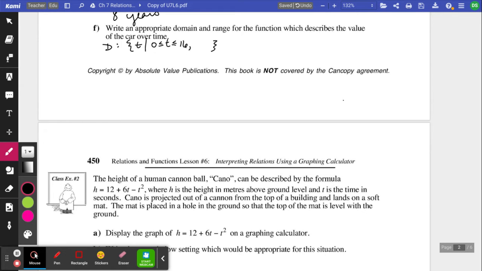My next thing is what kind of numbers am I going to allow T to be? Is time continuous? Yes, it would be a solid line, right? Time doesn't jump. We don't time travel. So T is an element of real numbers. All the real numbers, all the decimals and fractions, all the little tiny pieces, time is continuous.